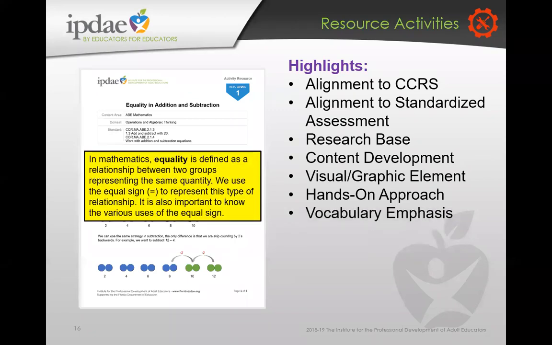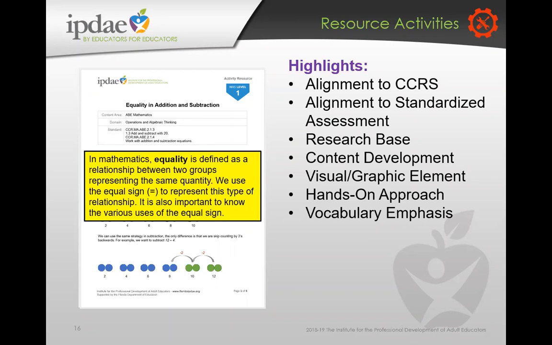We really emphasize vocabulary in these resource activities because we know several of our adult basic education students are second language learners. So we want to make sure that we provide sufficient and ample vocabulary practice and exercise.